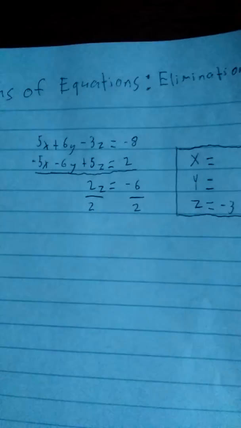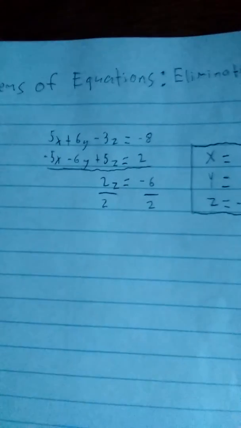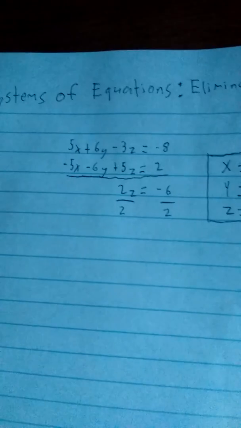So upon doing that, I got -3 for z, so that's what your z value is. So it's pretty straightforward so far. Hope you guys are following along just fine.